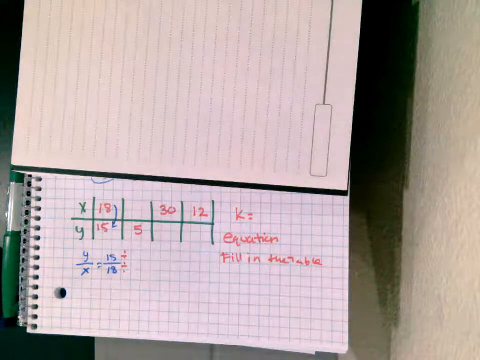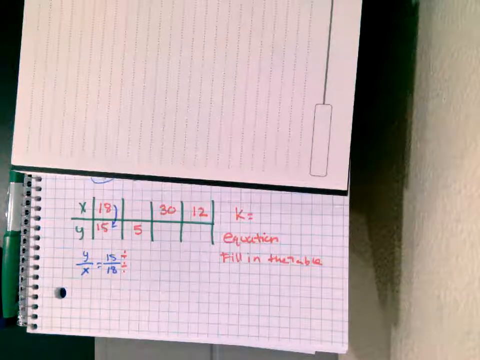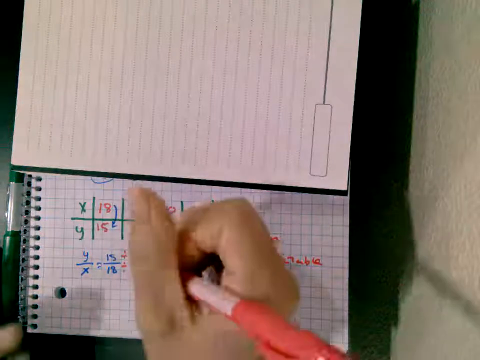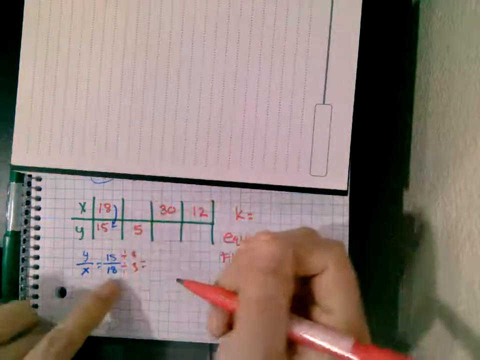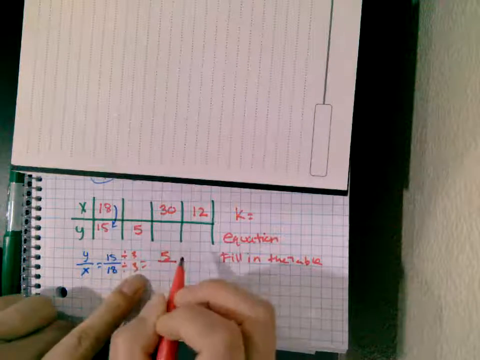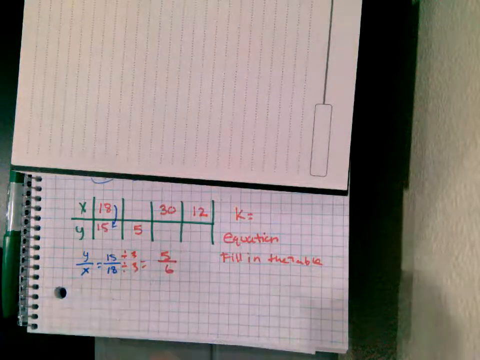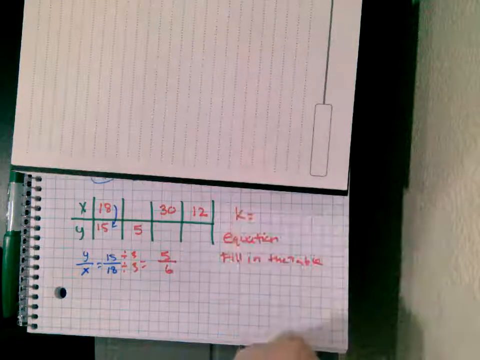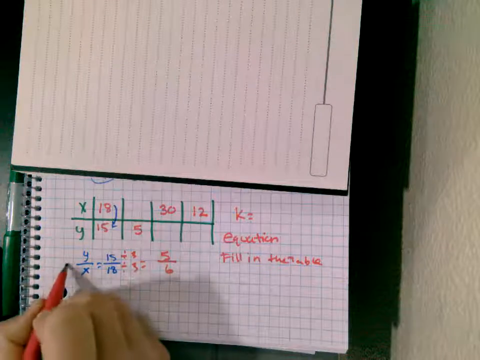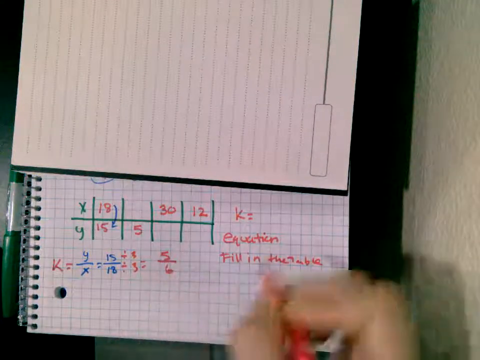What can I divide 15 and 18 by? 3, good. 15 divided by 3 is 5. 18 divided by 3 is 6. So, can I simplify 5 and 6? Nope. So therefore, the constant of proportionality, K, is 5 over 6.